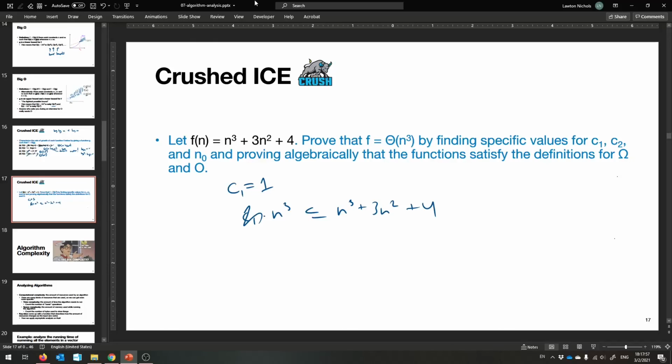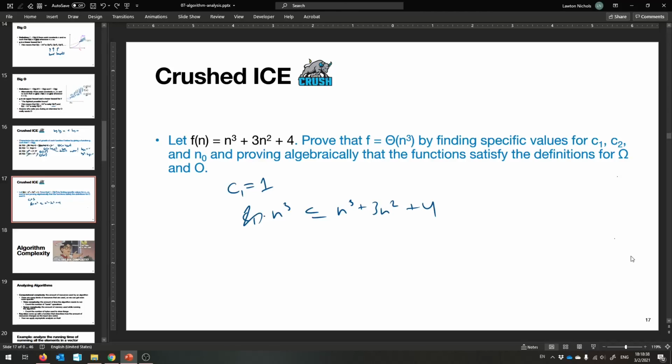And this is totally true. n cubed is less than or equal to this, as long as n is greater than or equal to 1, right? Or even 0 because of this constant here.